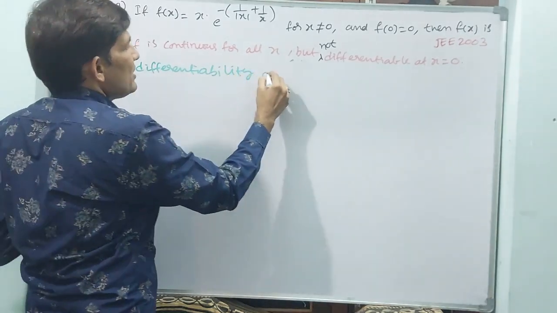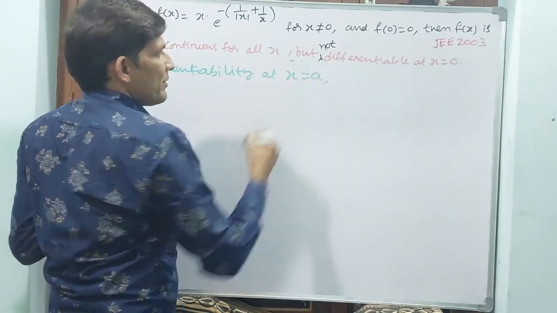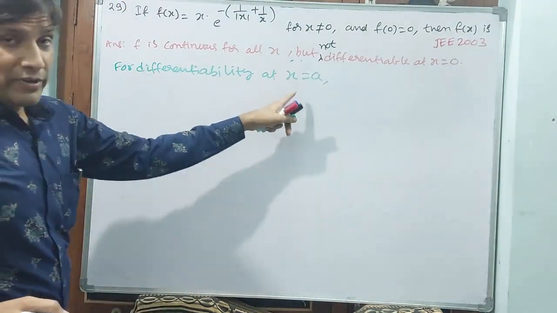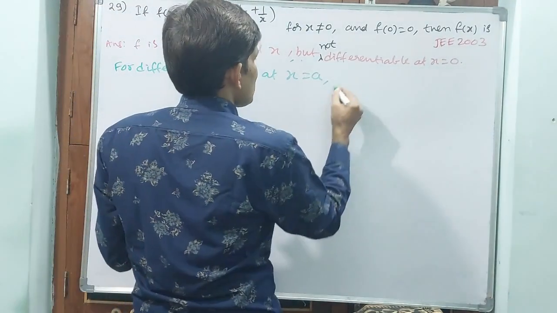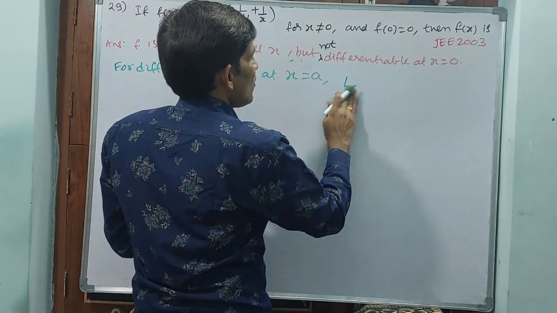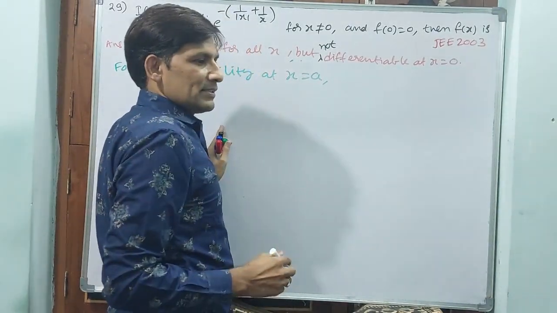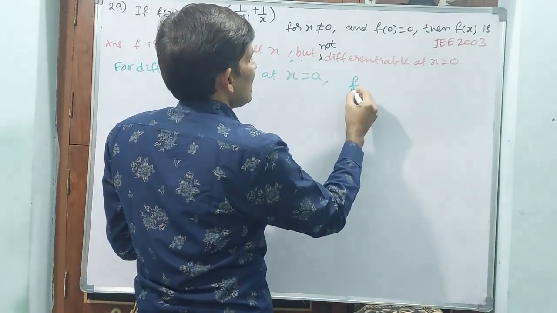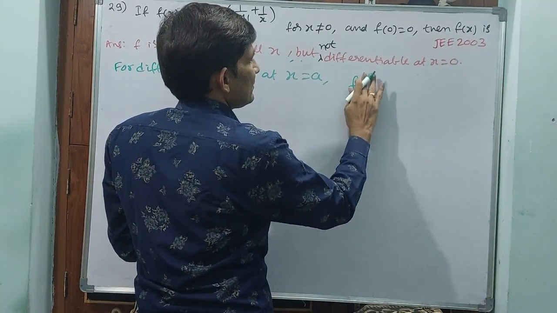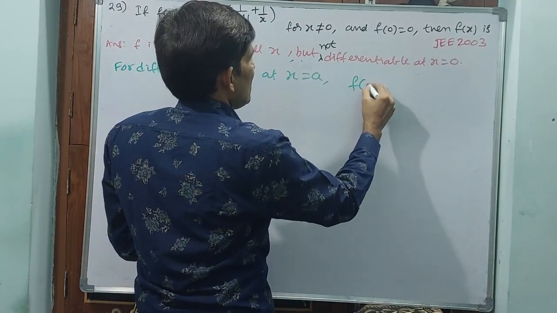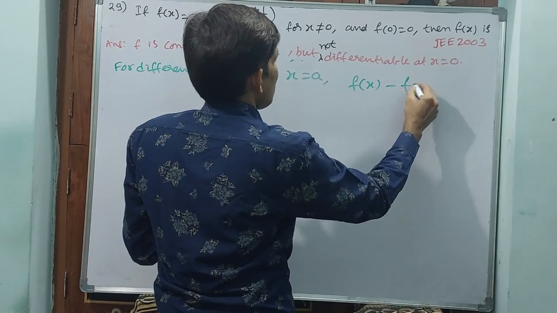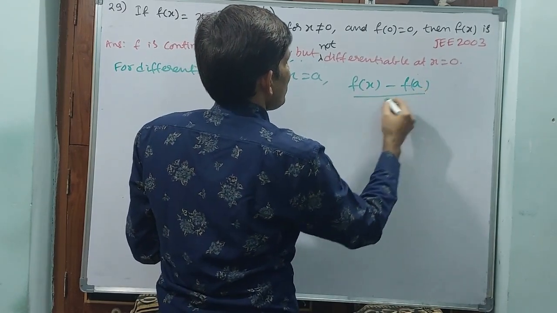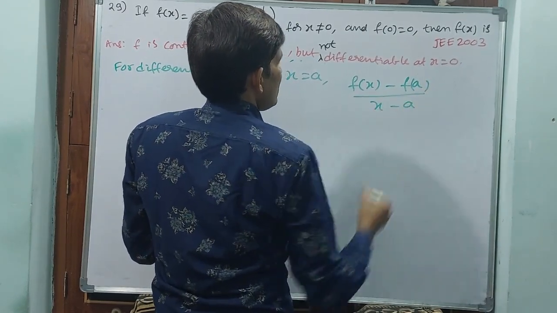For differentiability at x is equal to a, observe carefully. At x is equal to a, if it is differentiable, then what we are going to write? We are going to write f dash of a equals the limit of (f of x minus f of a) by (x minus a).